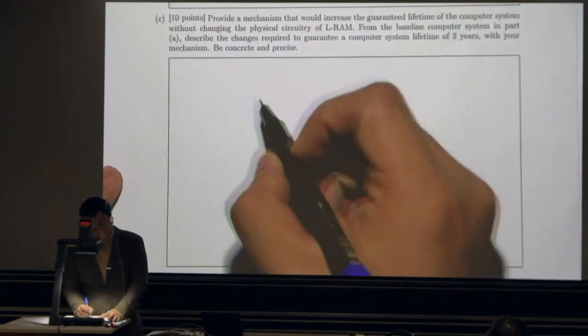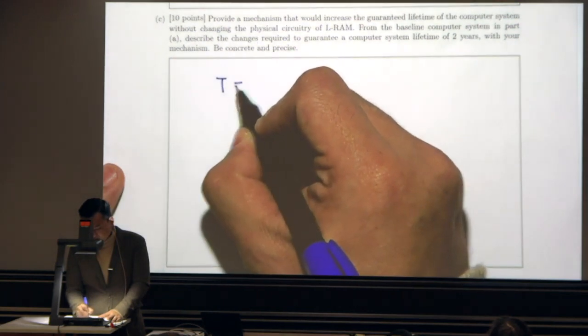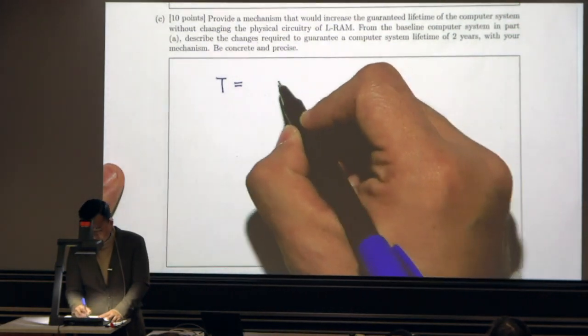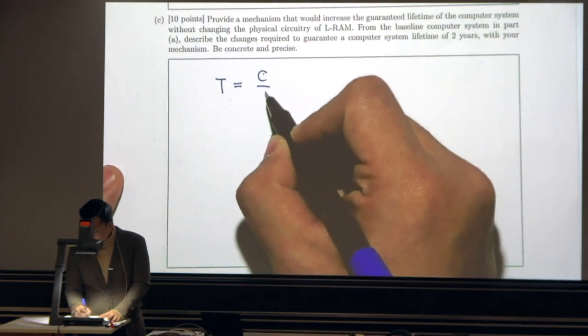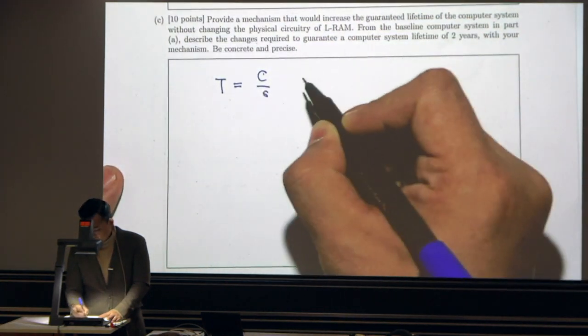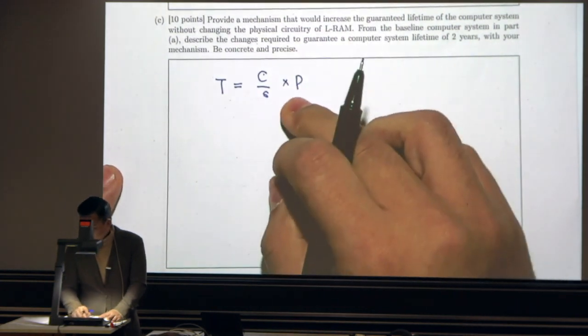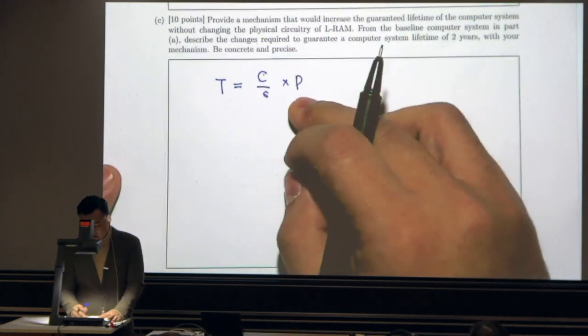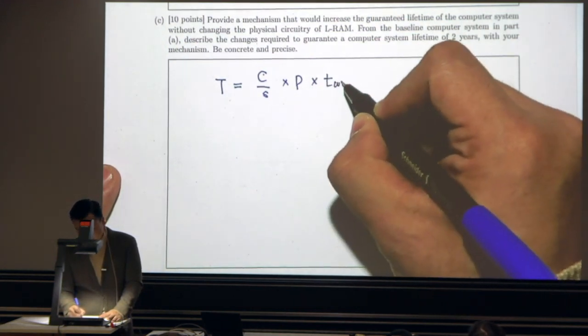So again, the guaranteed lifetime should be capacity over request size, and in this system, the limited program cycles, and effective write latency.